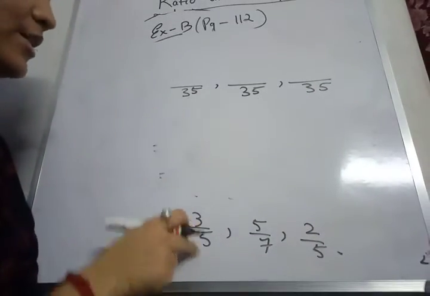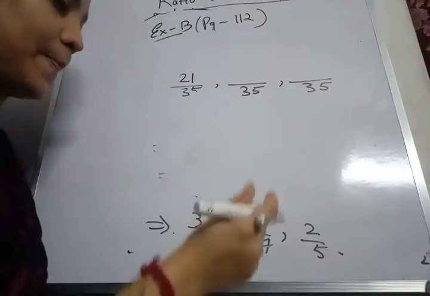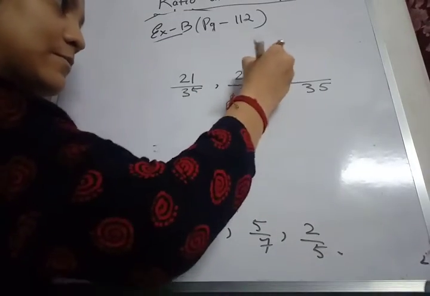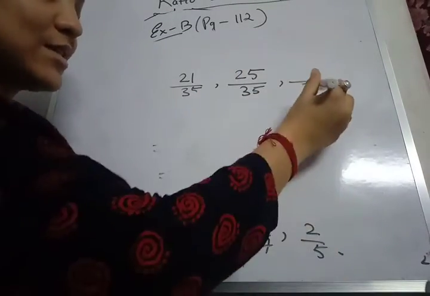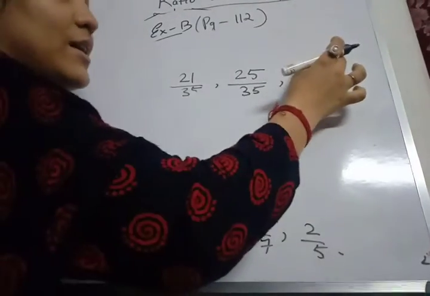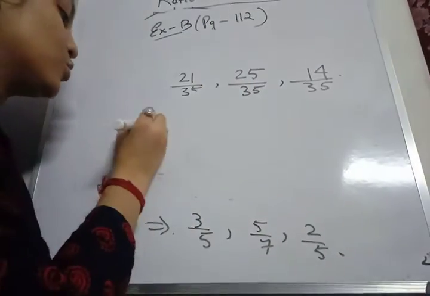So 5 7s are 35, 7 3s are 21. 7 5s are 35, 5 5s are 25. 5 7s are 35, 7 2s are 14. So this one is minimum, then comes second, then comes third. So what is the order?